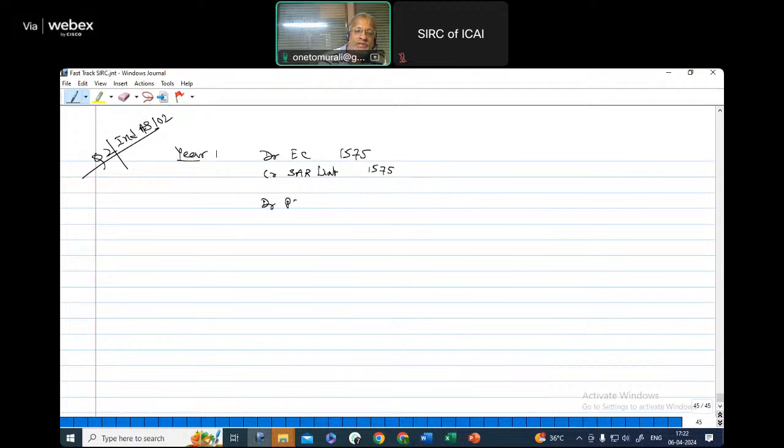Then debit profit and loss account, credit employees cost 15,75,000.